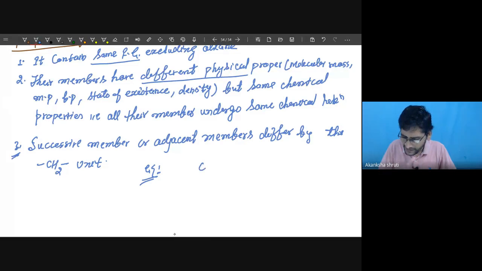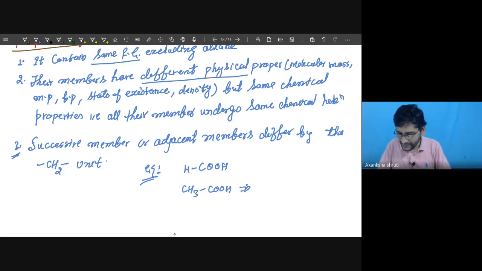Say I'm considering HCOOH, or let me take the acid this time, COOH. This is fixed. The other will be CH3COOH. Are these two differing by how much? Students, you can understand this.